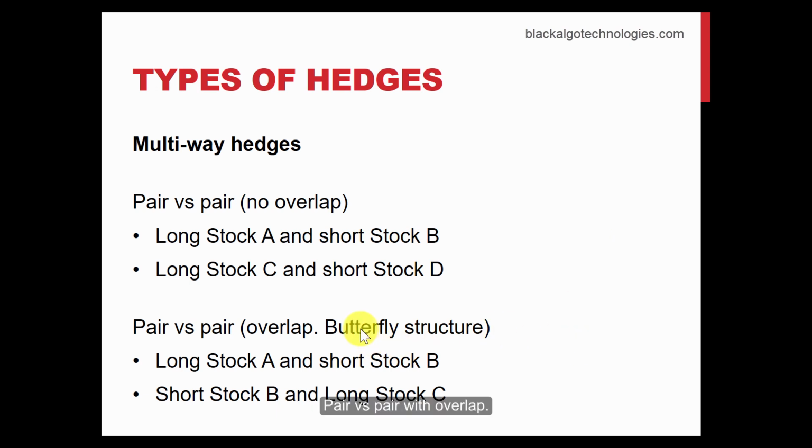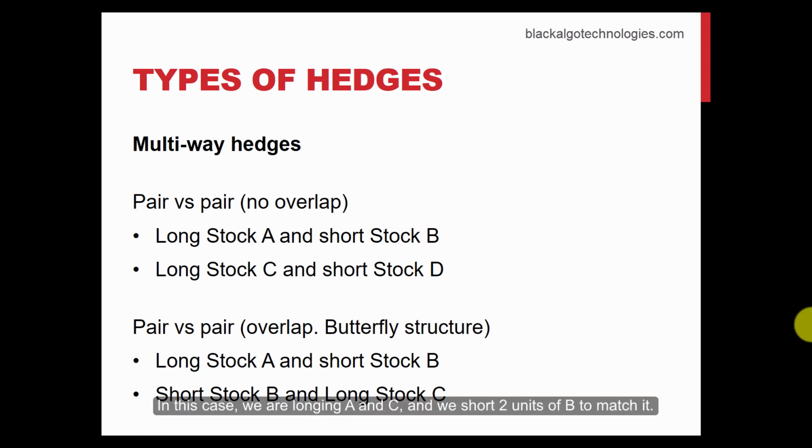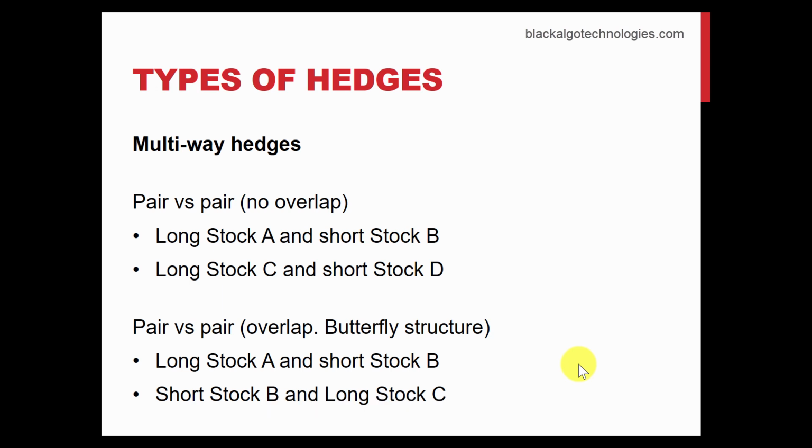Pair versus pair with an overlap. So in this case, we are longing A and C, and we short 2 units of B to match it. This is particularly useful when you are doing futures trading and you're doing your calendar spreads, but we won't be going into details of that.